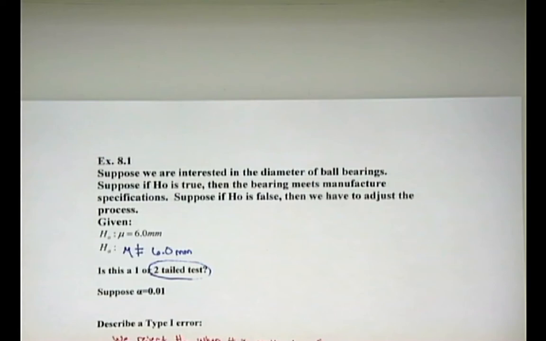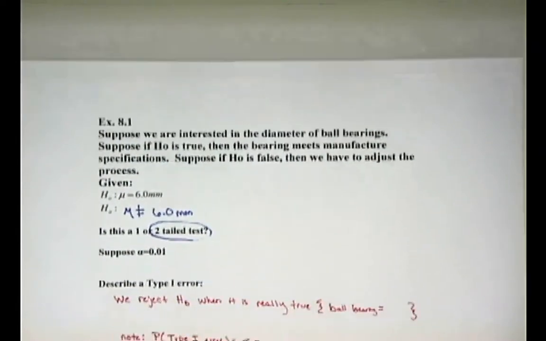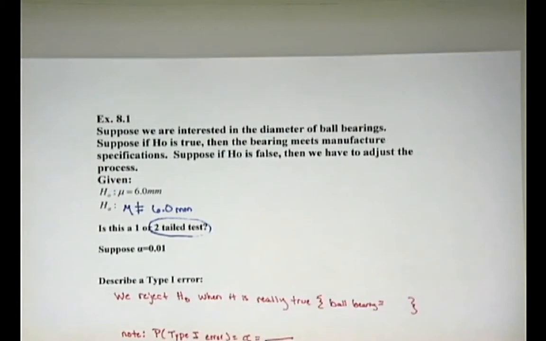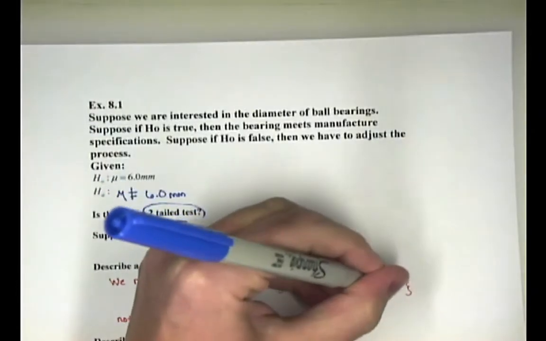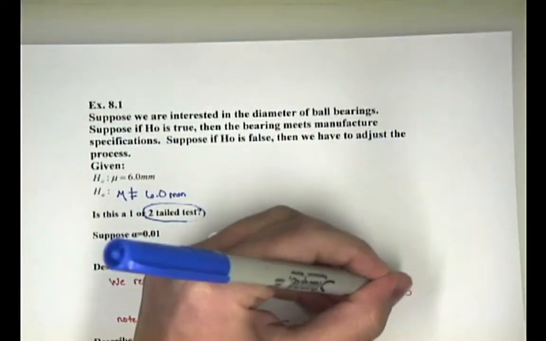Suppose alpha is 0.01. Describe a type 1 error. So in statistics, we have things called type 1 error and type 2 error. Type 1 error is when we reject H0, the null hypothesis, when it's really true. So in this case, the ball bearing would equal 6.0 millimeters.